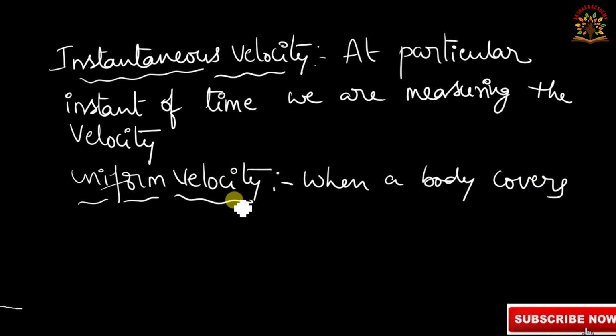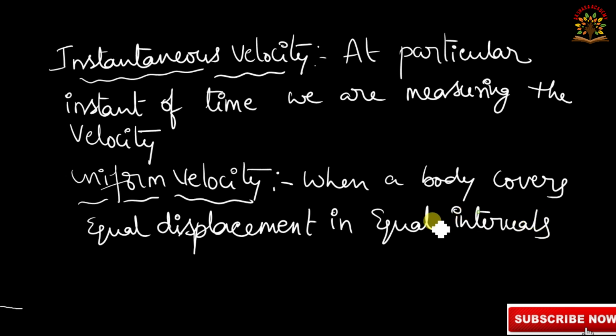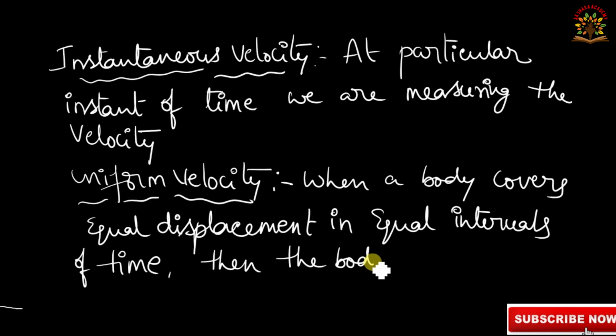When a body covers equal displacements in equal intervals of time, however small the intervals may be, then the body is said to be moving with uniform velocity.